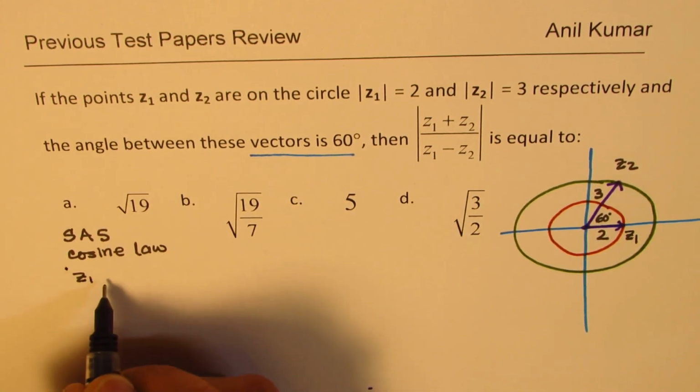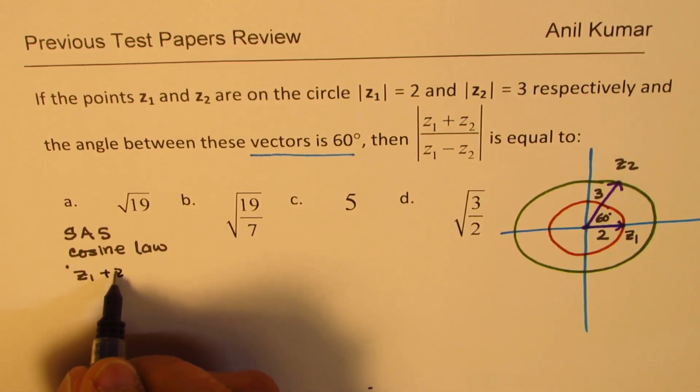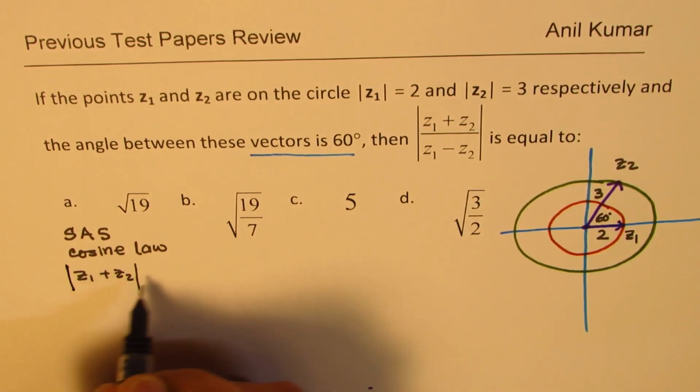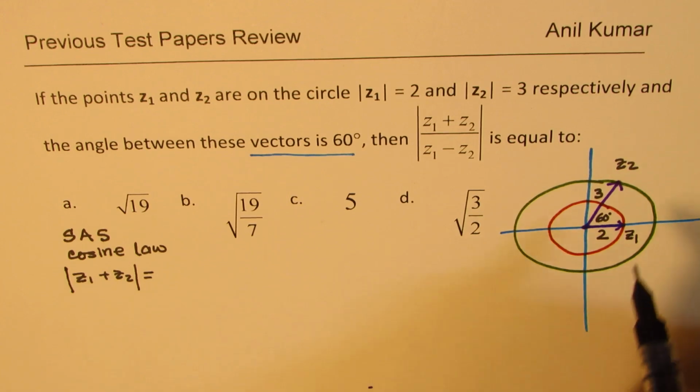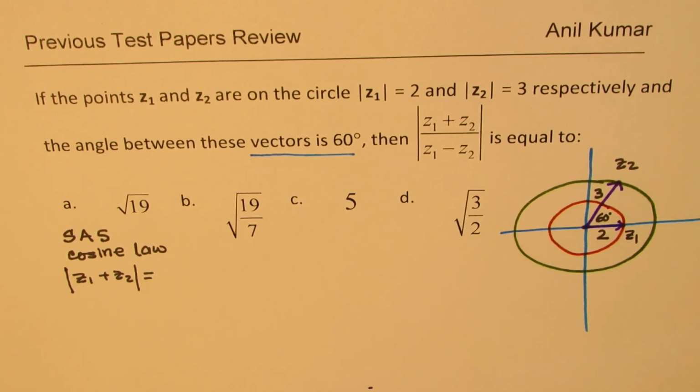Okay, so what is the sum of these two vectors? What is Z1 plus Z2 equal to? We'll always take positive value. Now let's try to complete the parallelogram, and then we'll find the sum. There's still something which we need to take care of.